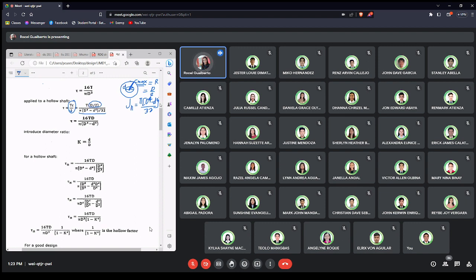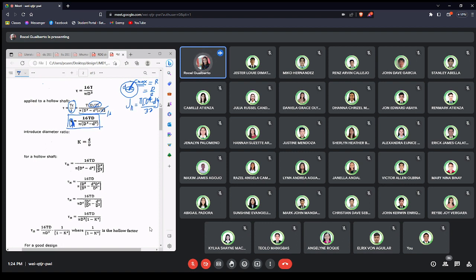If we simplify this, 2 and 32 can be cancelled, giving 16. This we cannot cancel now. So, we come up with tau equal to 16TD over pi quantity D to the fourth minus d to the fourth. This is your tau for the hollow shaft.